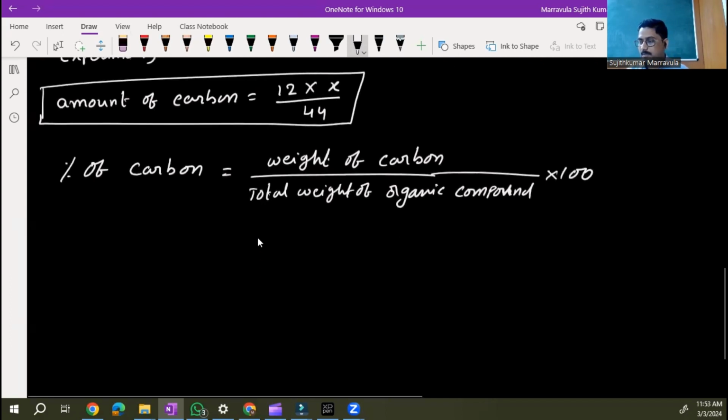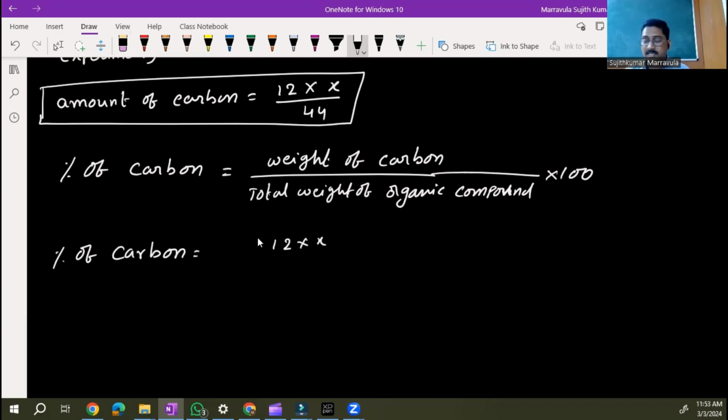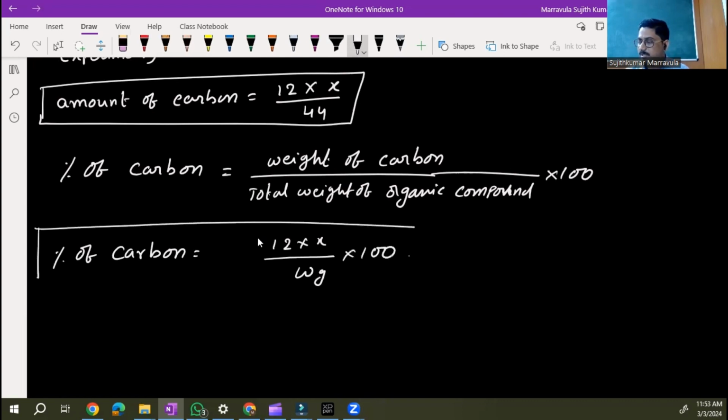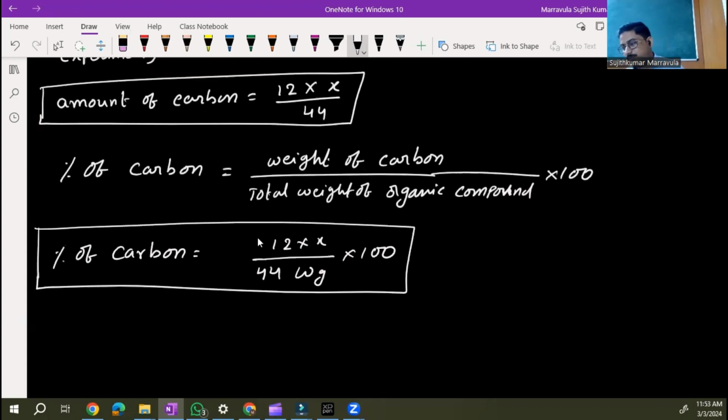We can apply this formula. So the percentage of carbon is equal to 12 into X. What is X? We already told you. Divided by the total weight, W grams, into 100. I'm sorry, 44 is also there: 44 into W grams. So this is the formula for the estimation of carbon.